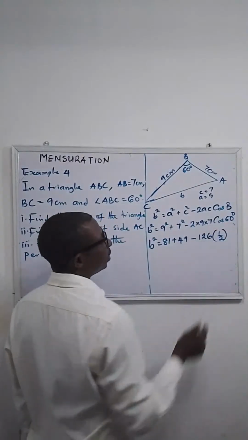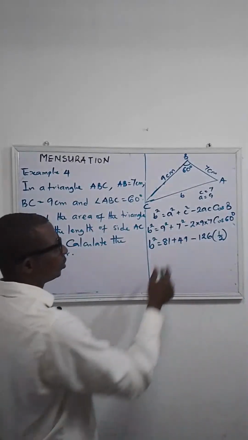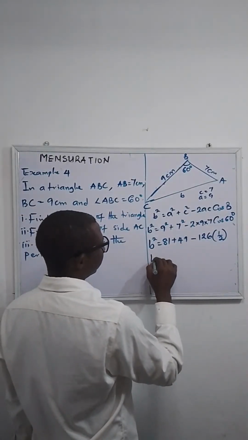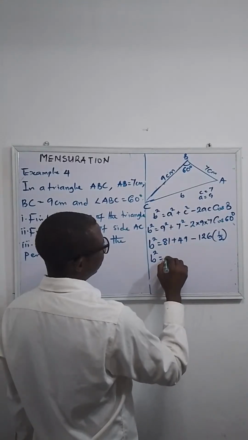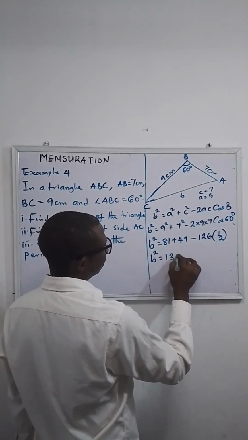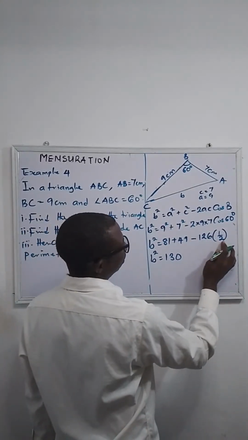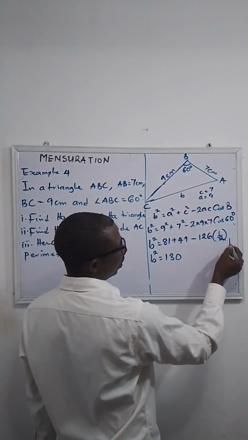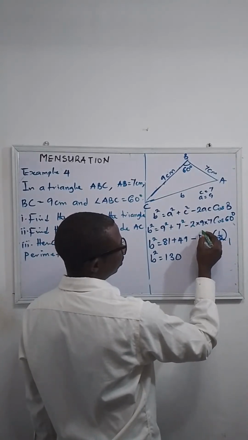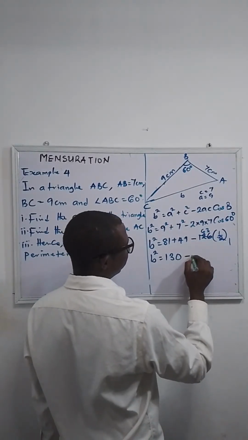Cos 60 is 1 over 2. I hope you understand that. Now let's join these together. When you add these, that's 130. Then the 2 cancels with the 2, leaving 63, so minus 63.